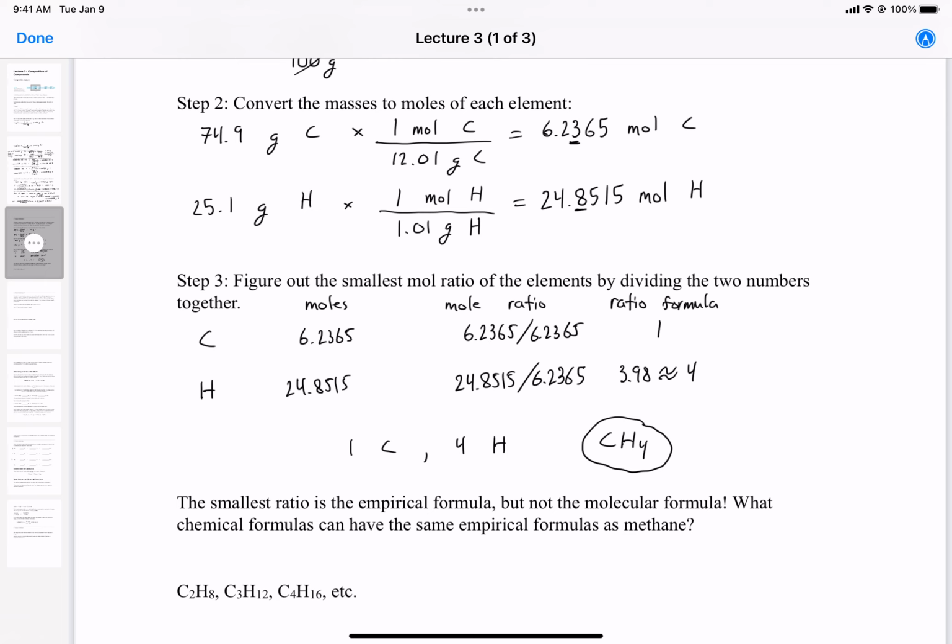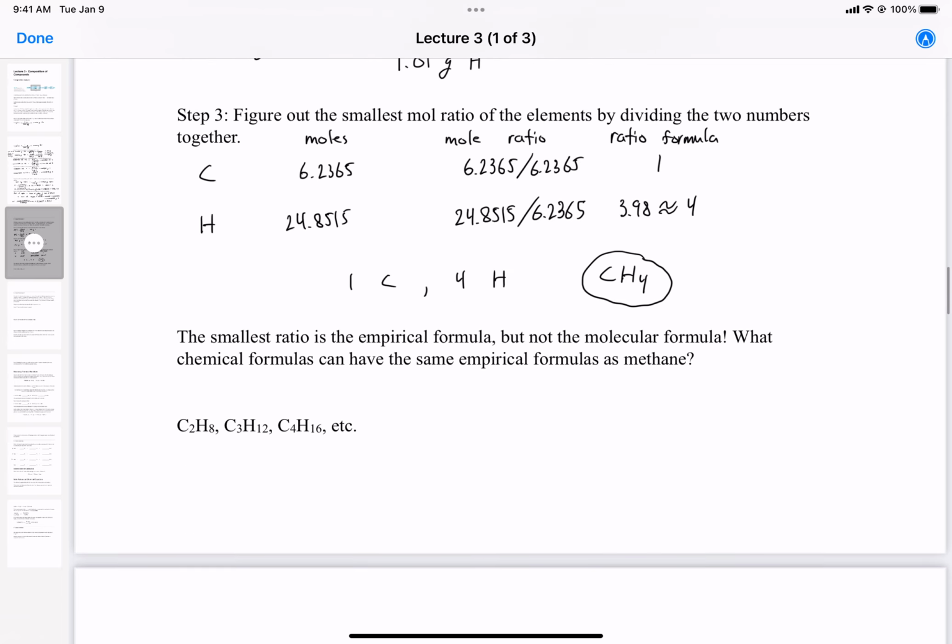So, if we think about chemical formulas, a lot of compounds can have the same empirical formula as another compound. For example, if we had a molecule like C2H8, which is ethane. This is propane. And this is butane.